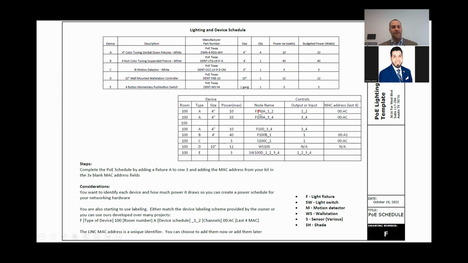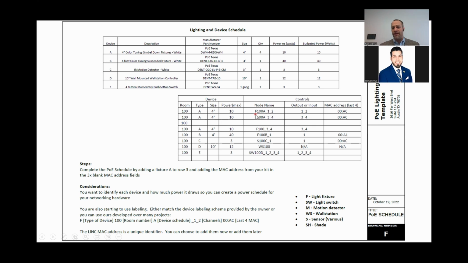And then this is where we get clever. This is unique to PoE Texas, but it's our numbering nomenclature that Joe has come up with over many years that he really likes. And this is how he's going to identify the node in the software. The first letter is F, which is the fixture. And you can see I've got a little table down here on the right of different types of things like switches, motion sensors, wall station sensors, and shades.